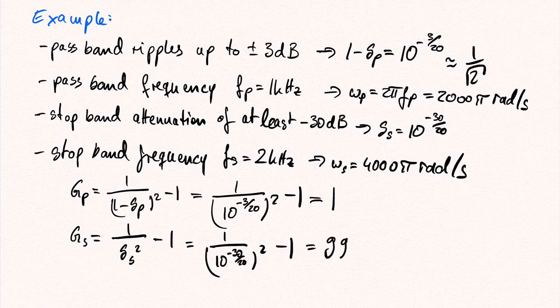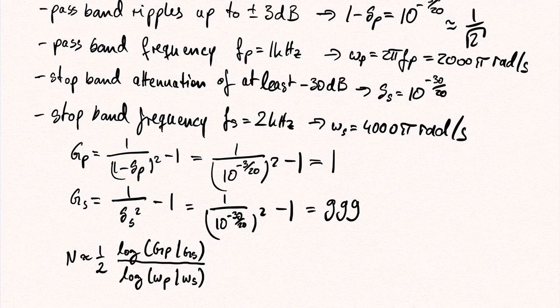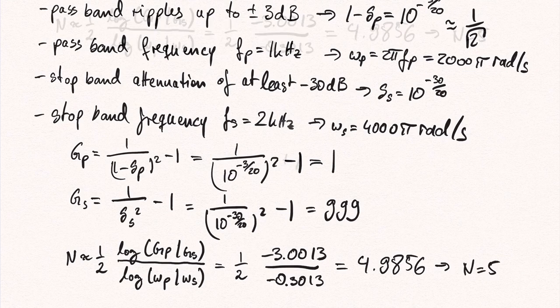This is equal to 999. Inserting those values of Gp and Gs together with omega p and omega s into our formula for n gives that this is equivalent to a half of minus 3.0013 divided by minus 0.3013, which is equal to 4.9856. Hence, we have to choose the order n equal to 5.